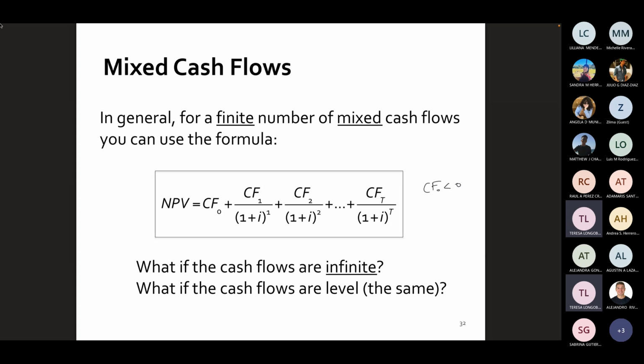This is just a general formula to remind you what we did: we put 0 in CF0 and then we interpret the NPV as CF0. If that makes any sense.